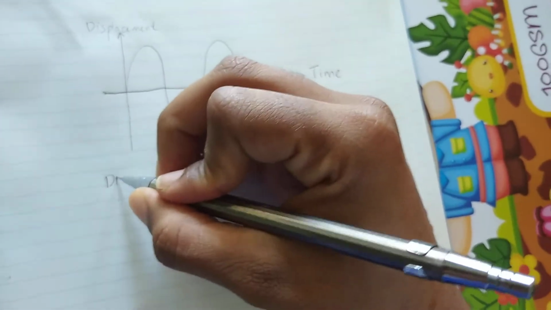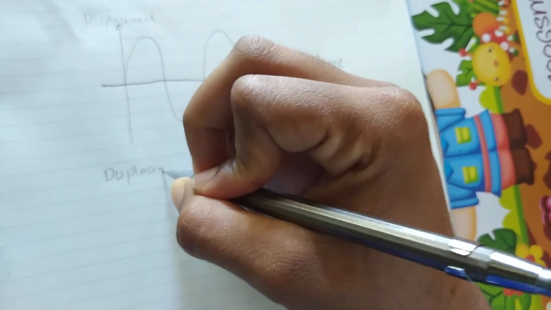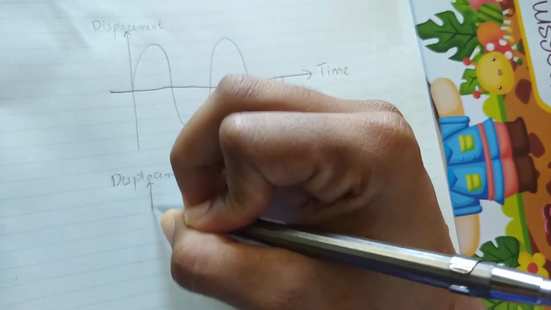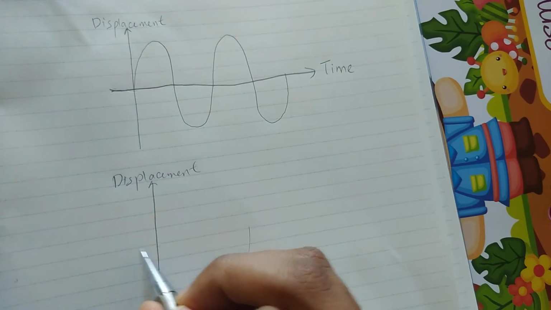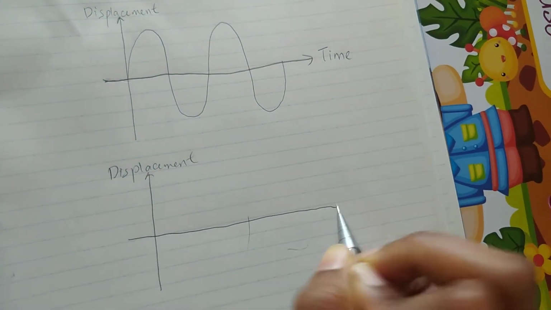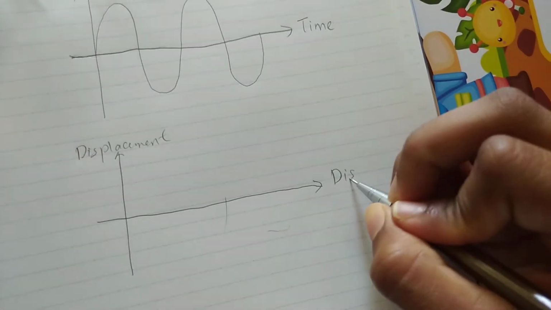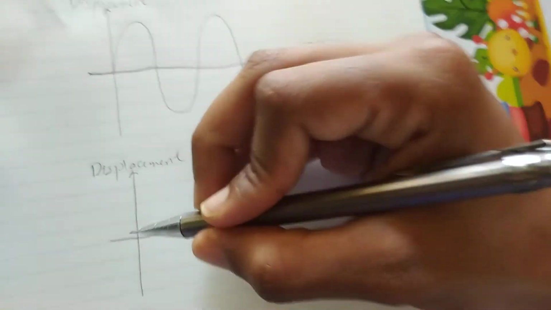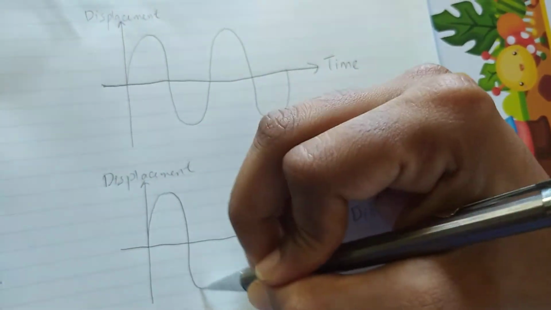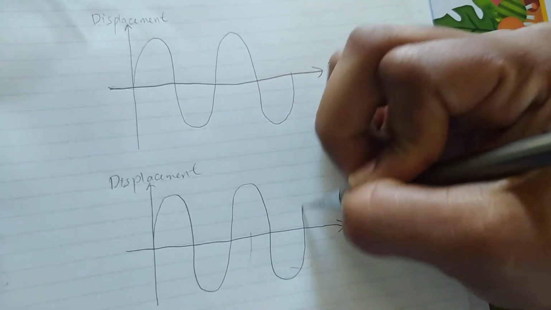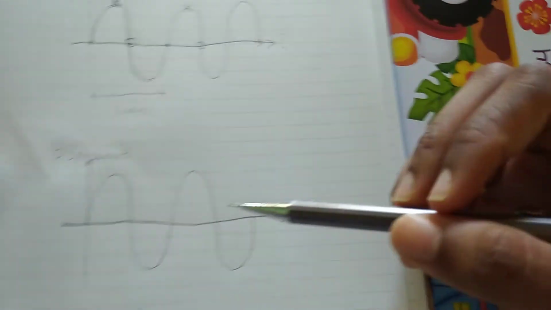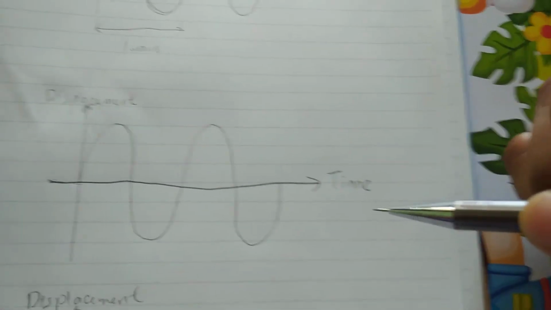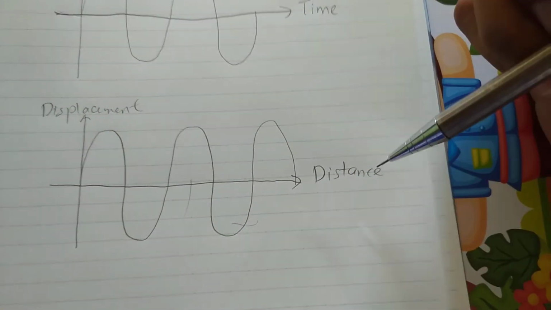Another one is the displacement distance graph. Also wave. So you see here, both are waves, just like the first one. The only difference is here is displacement time, here it's displacement distance.